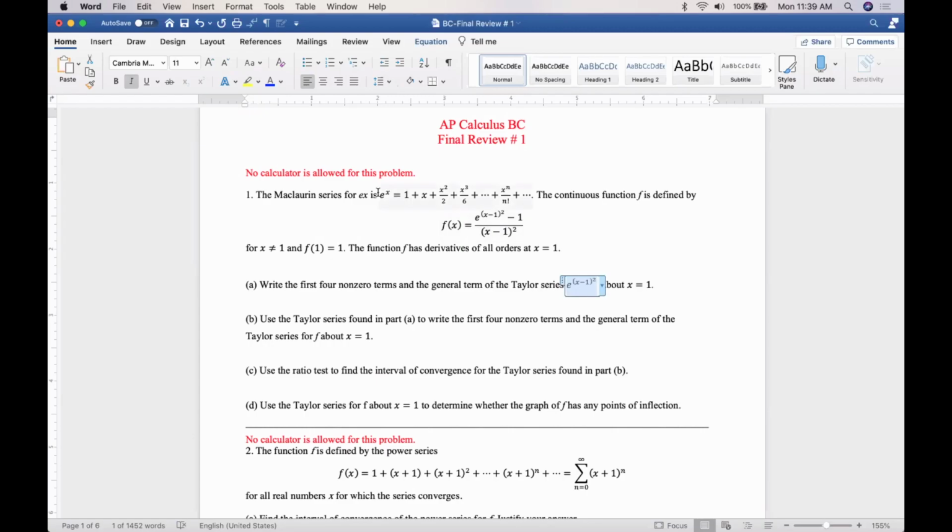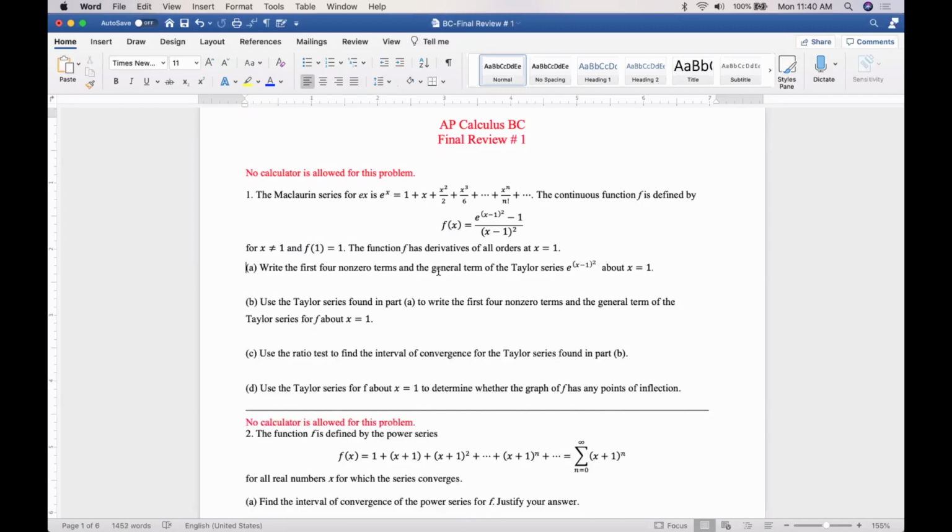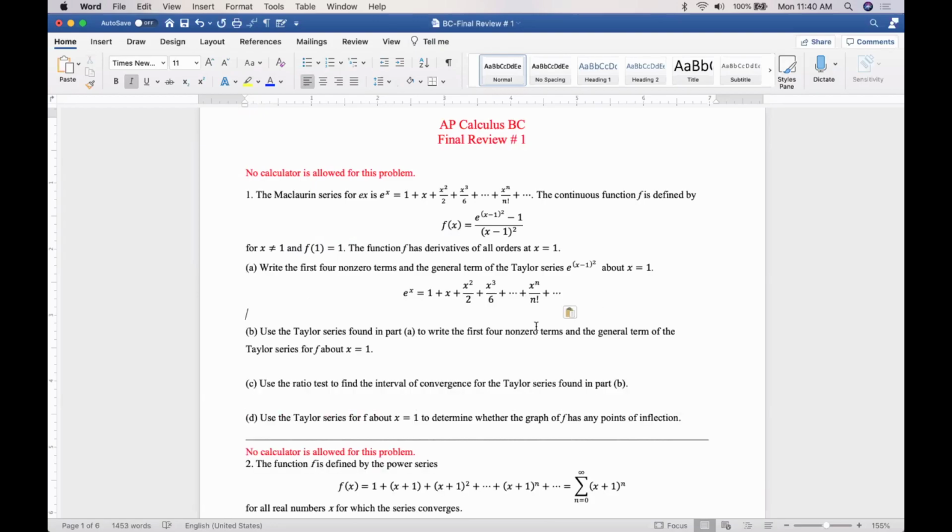The only thing I can do is copy the e series. This is the series that they give us for e. They give it to us for a reason. Copy that and substitute. Instead of e to the x, you substitute every x with whatever you want here.